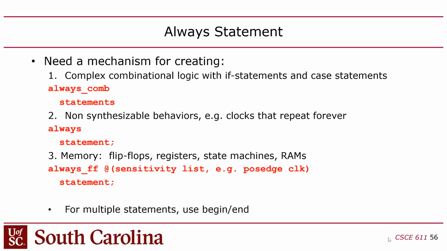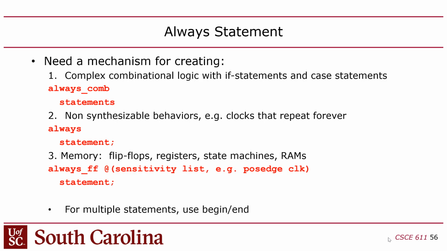In this case you're going to start it with always underscore comb, and then you put either one statement in there, or if you have more than one statement, you put a begin and an end, which is kind of like your open and close curly brace in Java or C. And I'll show you examples of that in a minute.